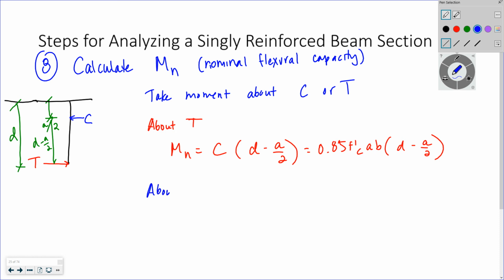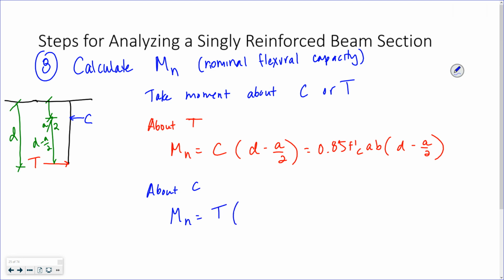If I take the moment about C, my nominal capacity is T, my tensile force, which is AS Fy, assuming we're tension controlled, right? Times D minus A over 2.